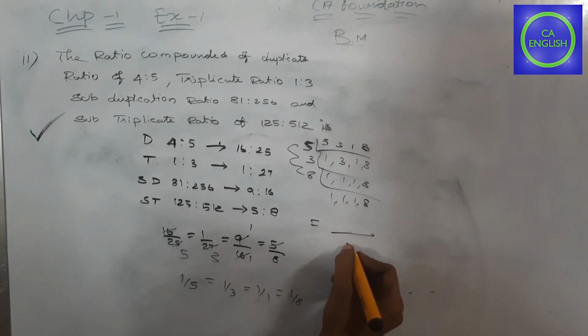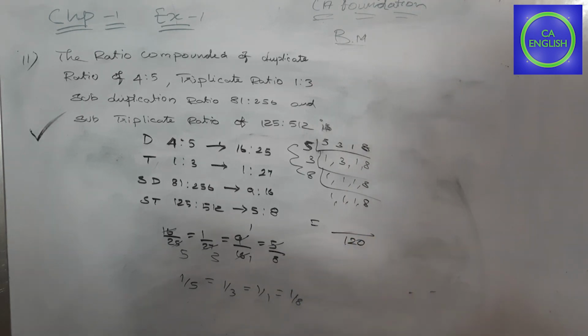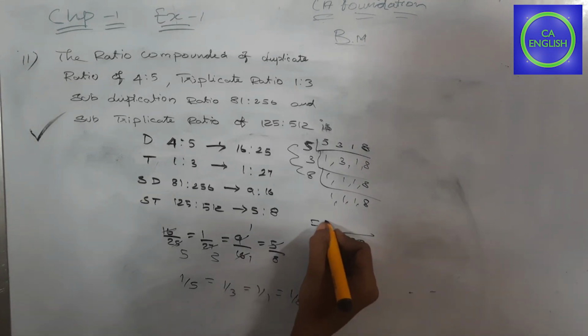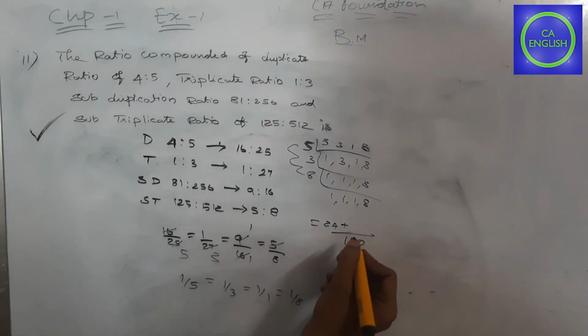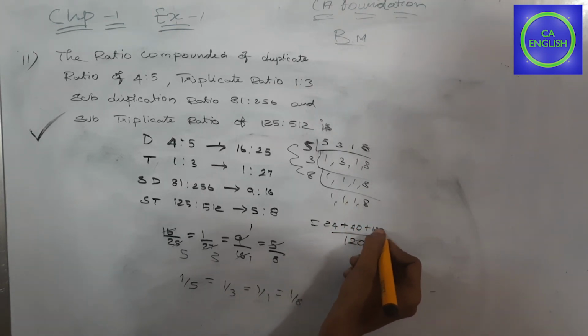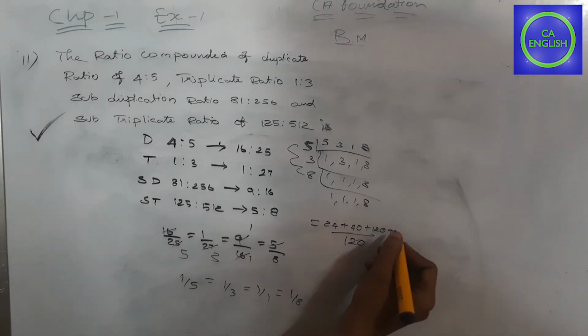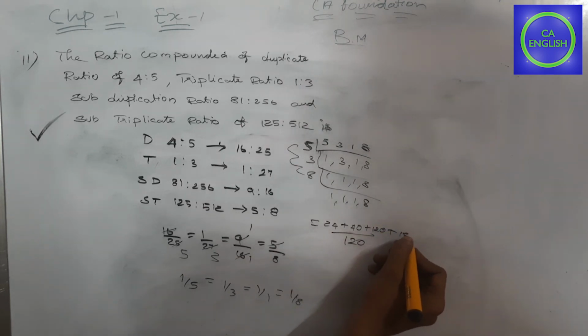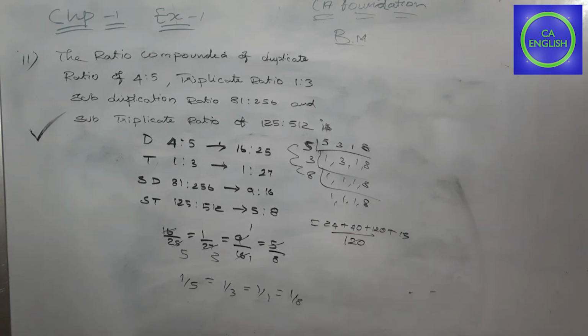You know the basics of LCM from your childhood studies. Then the above answers are 24 plus 40 plus 120 plus 15, equal to 199 over 120.